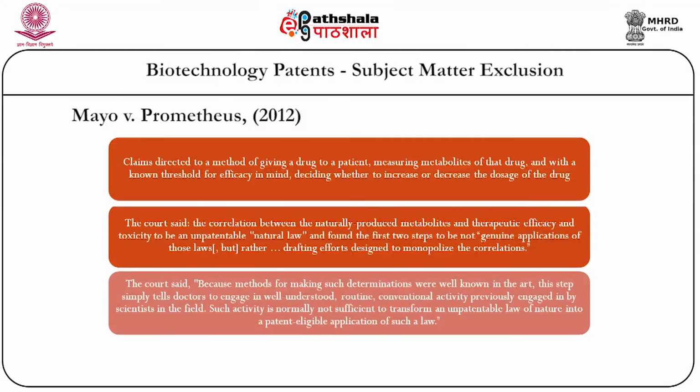The court was saying that because these methods for making such determinations were well known in the art, that is in prior art, this step simply tells the doctors to engage in well understood, routine, conventional activity previously engaged in by scientists in the field. Such activity is not sufficient to transform an unpatentable law of nature, and the court seems to think that such correlation is a kind of unpatentable law of nature. So it is saying that you cannot translate such an unpatentable law of nature into a patentable application of such law.